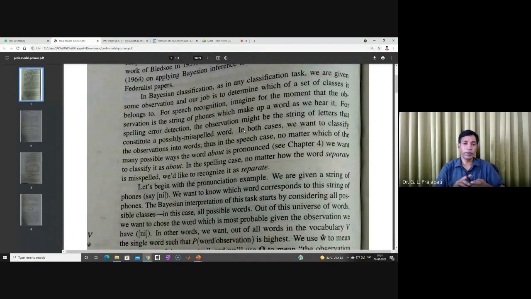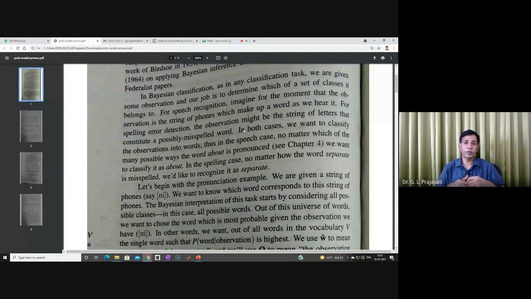For example, how you speak "the," how you speak "neat," or how you speak "need." Once you speak, you have phonemes, and your complete pronunciation is based on the phonemes you speak.